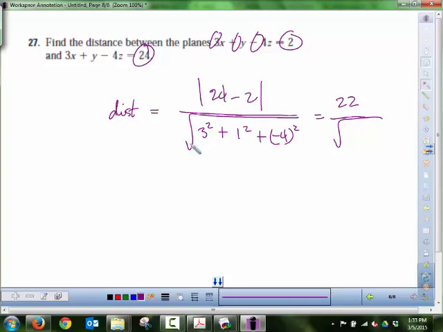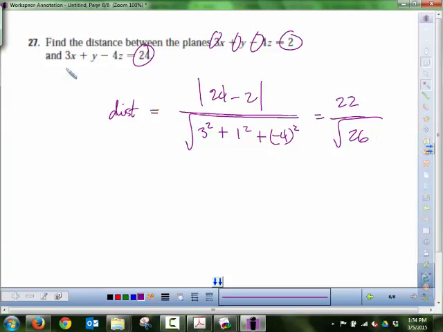So 25, 26? Yeah. The D's come from the normal vector and the point you had to find.